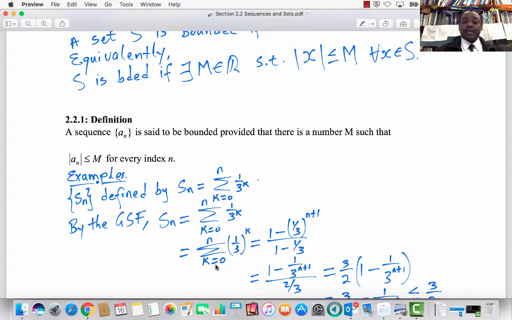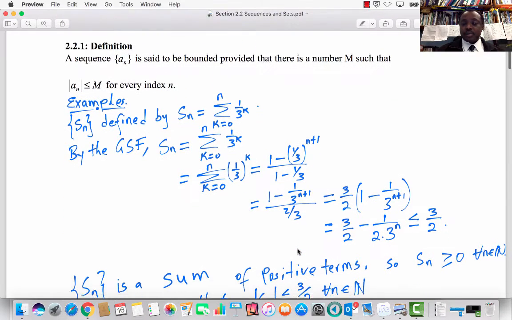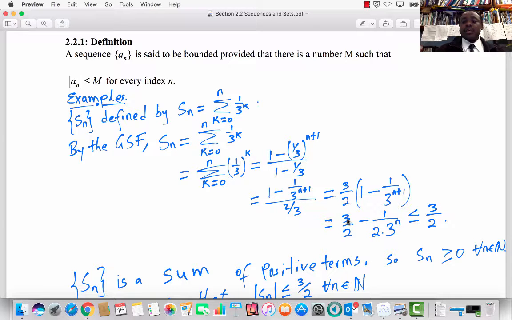And a quick recall from what we did back in chapter 1, the geometric sum formula, one of the tools for analysis, this equals 1 minus 1/3 raised to the power n plus 1 divided by 1 minus 1/3. And simple algebra would lead us to 3 over 2 minus 1 over 2 times 3 to the n.